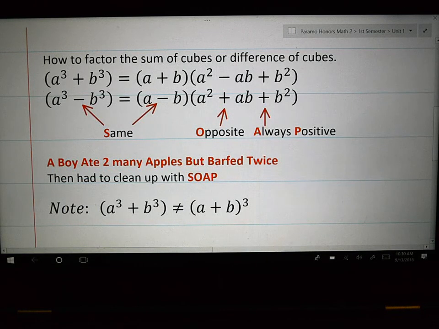So what we have is this. We have 2 patterns that I would recommend that you write down in your notes. The 2 patterns look like that. It's the sum of cubes, which is the top one, and the difference of cubes.